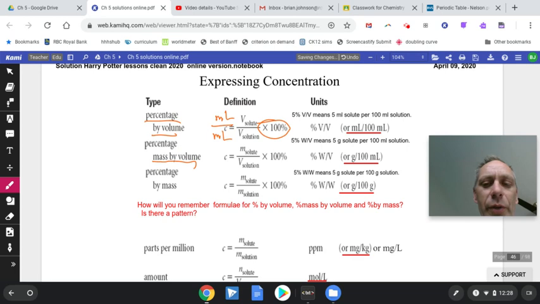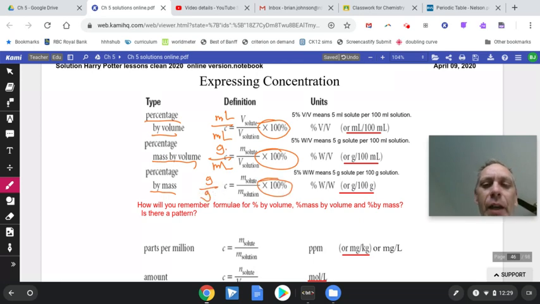The unit that we use for mass is grams. Volume is milliliters. So grams per mil times 100% to get it into percentage. And then the last one is percent by mass. So just straight mass. So this is going to be grams divided by grams times 100%.